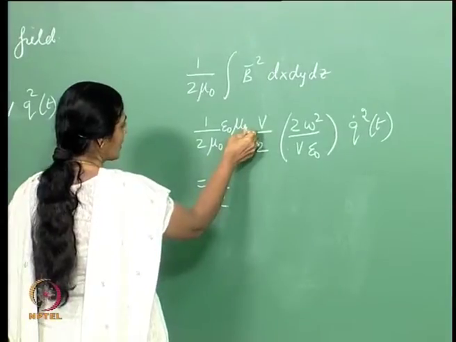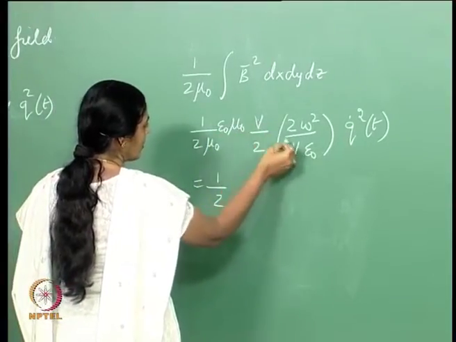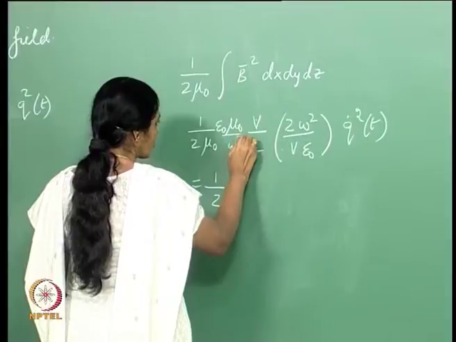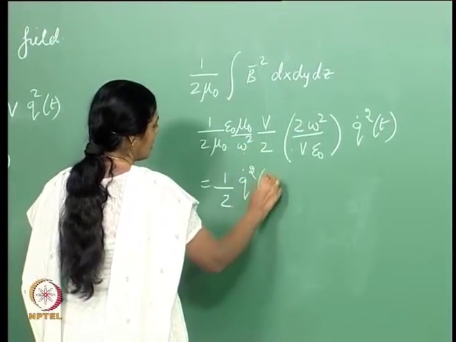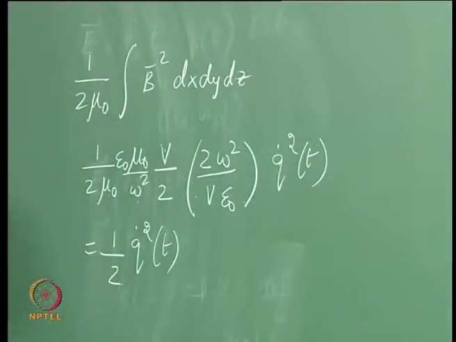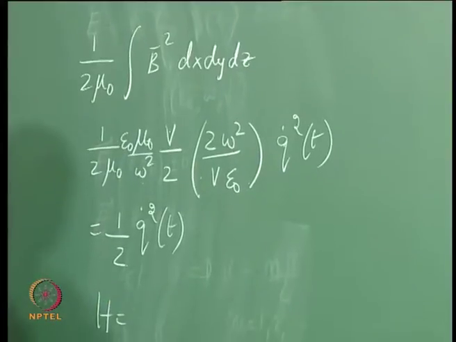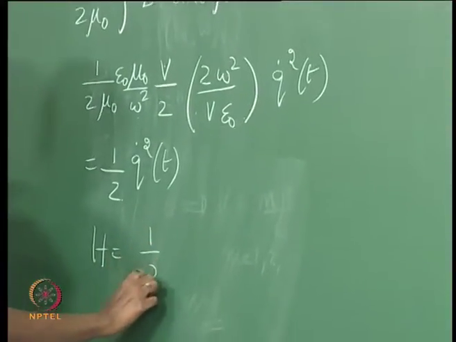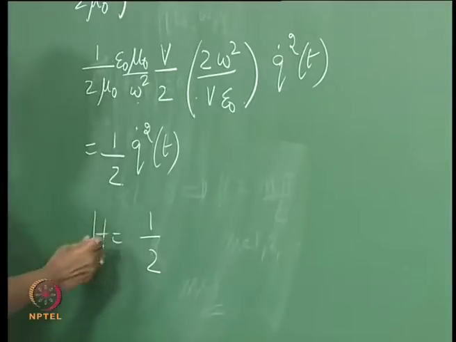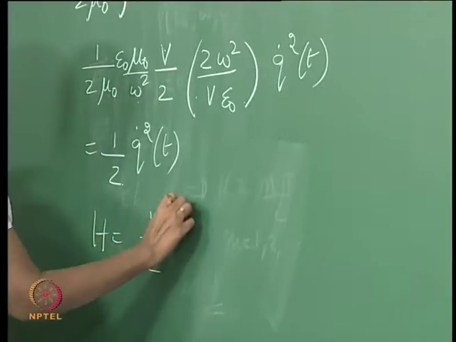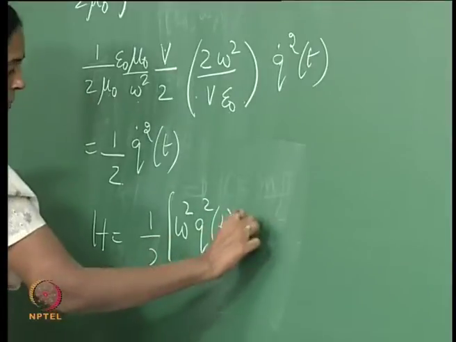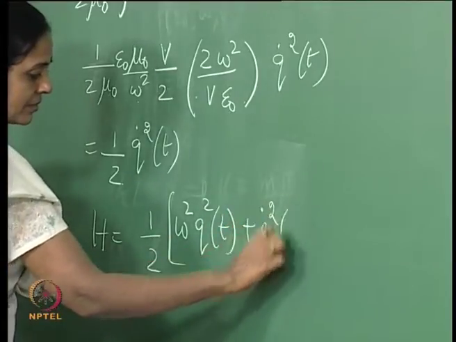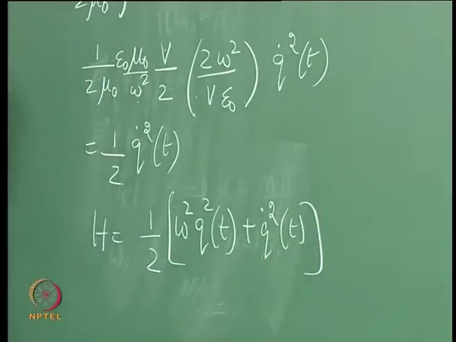So the mu 0's cancel out, the epsilon 0's cancel out, the V cancels out, there is an omega squared here which too cancels out, and I will be left with a q dot squared of t. And therefore the total Hamiltonian is half omega squared q squared of t plus q dot square of t.